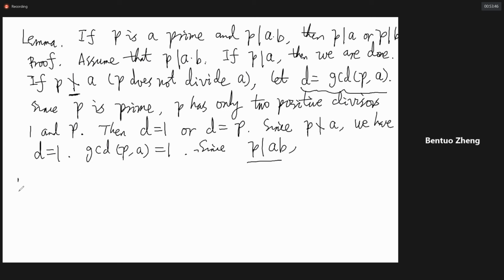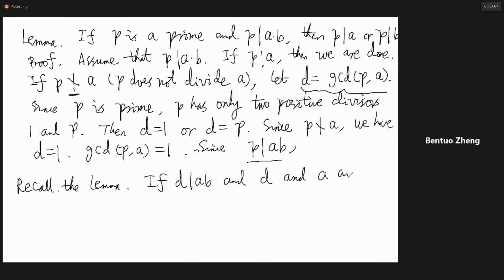So recall the lemma, which says that if D divides A times B, and D and A are co-prime, then D divides B. In this situation, we already showed that the greatest common divisor of P and A is 1, which means P and A are co-prime.